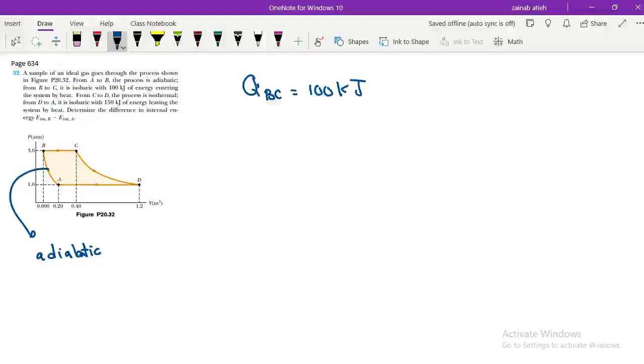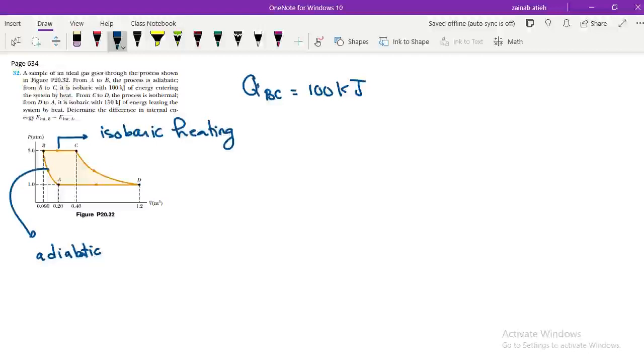I don't write minus 100, it's a plus 100 kilojoule. Even without saying it's entering, I can guess alone. Why? Because this one is an isobaric heating. Okay, so this is an isobaric heating. Because I'm heating, so for sure the temperature will be increasing, and in this case Q will be positive. Okay, so I'm absorbing heat.